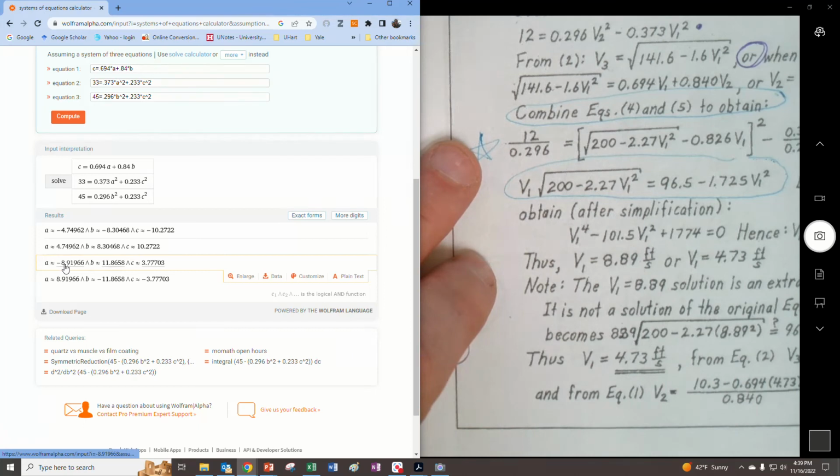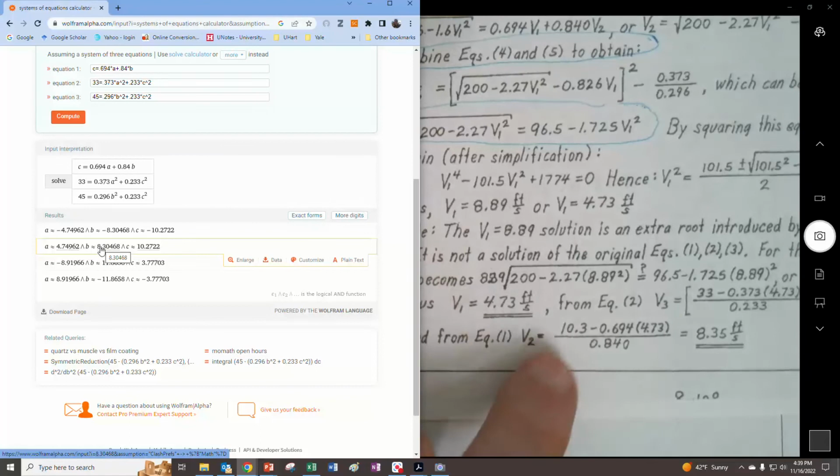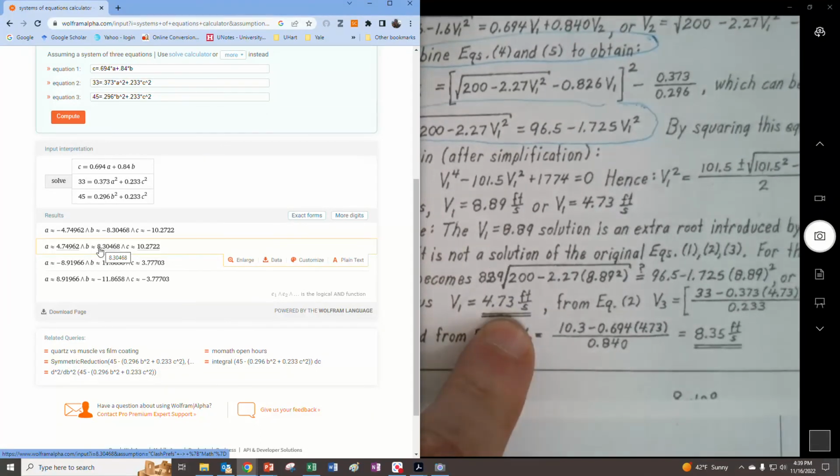The negatives don't really make sense, but it's a possibility. But I believe this right here is the one that agrees with this solution, where V1 is equal to 4.73, right there, 4.75, right?